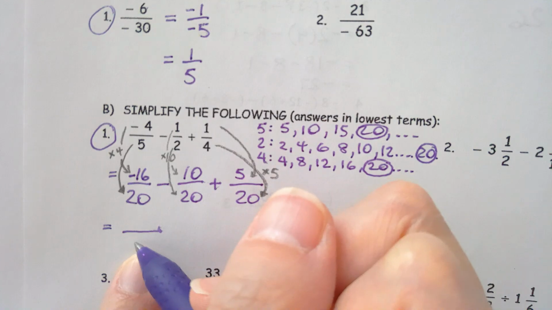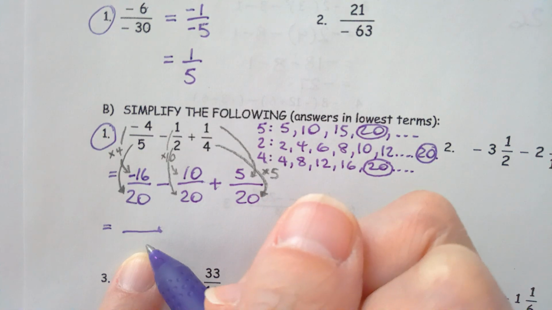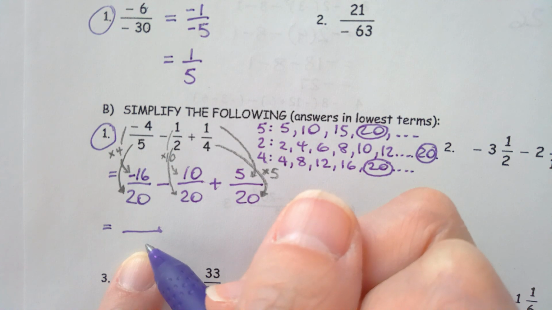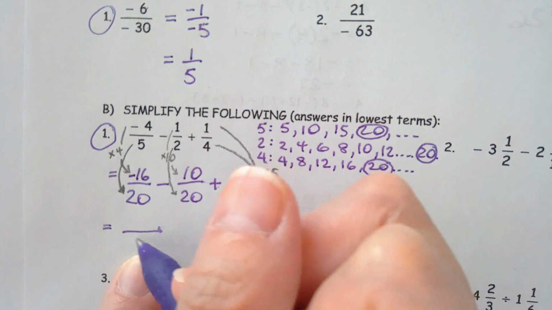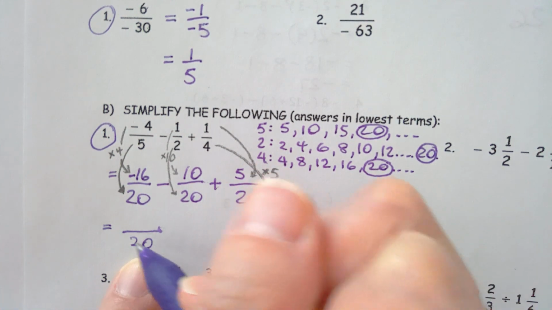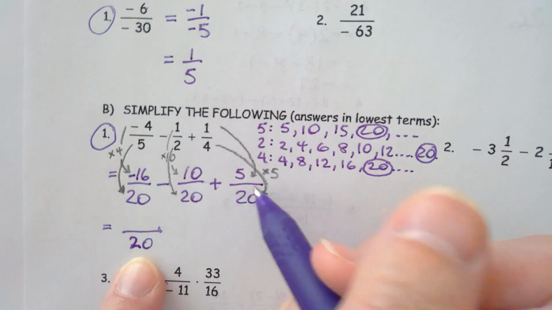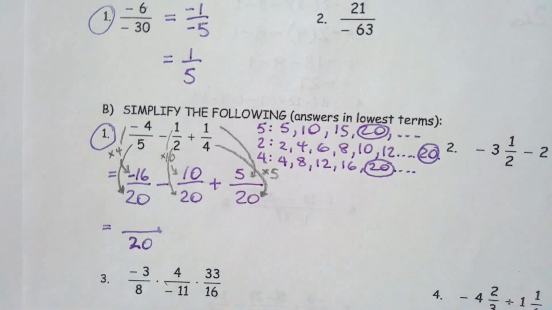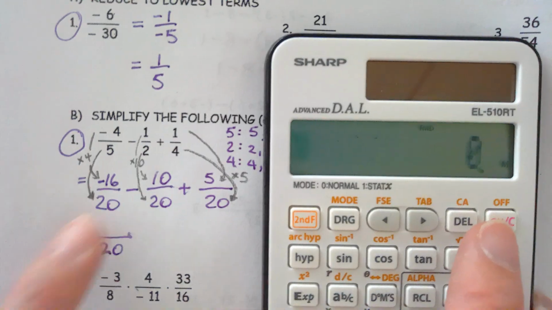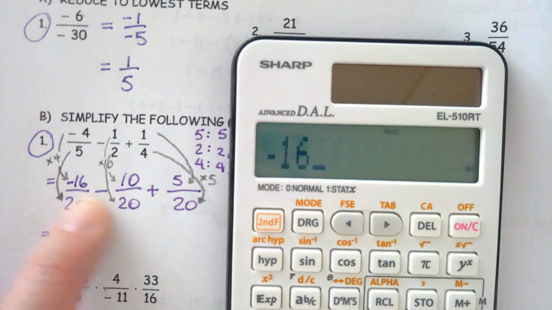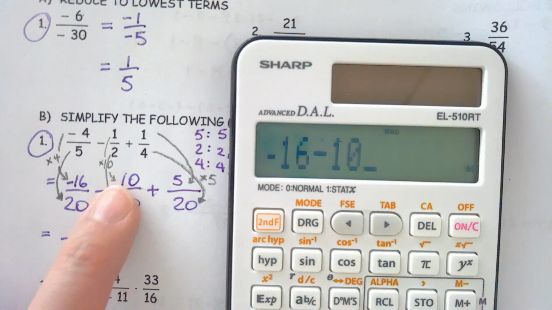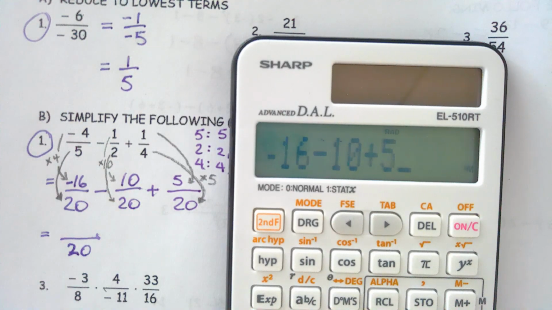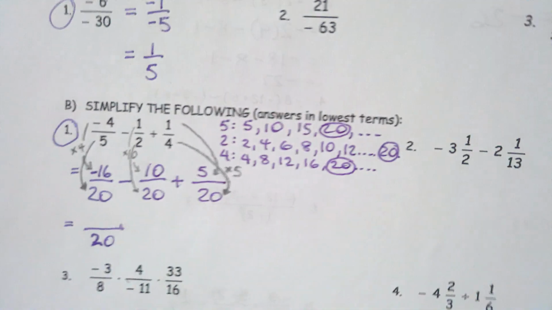So now for my denominator, is it 20 or 60? Yeah, 20, right? Okay, that was the whole point in getting common denominator, so that you have one denominator. All right, and then now on the top, I can just add and subtract normally. So negative 16 minus 10 plus 5, and I get negative 21.